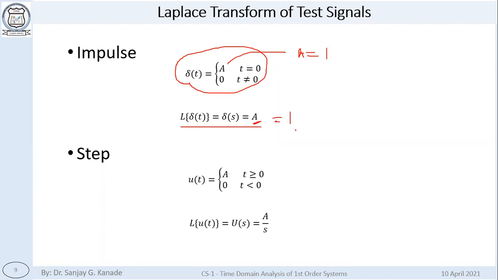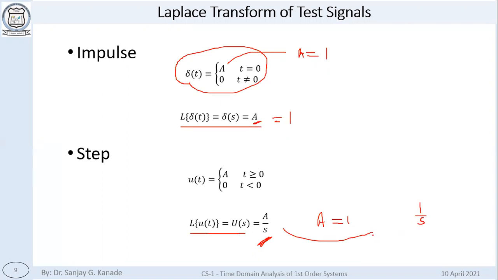For the step signal, the Laplace transform is A upon S. If A is equal to 1, the answer will be 1 by S.